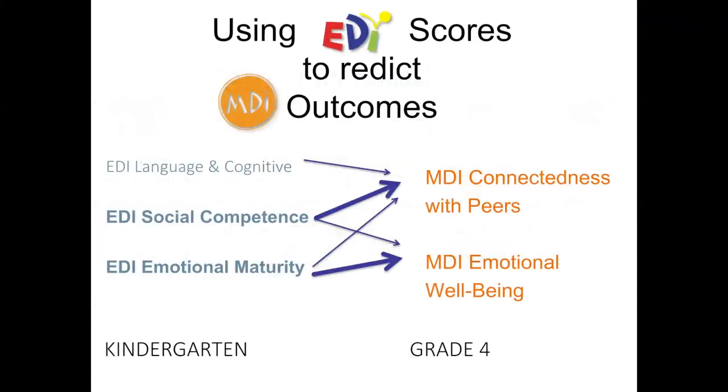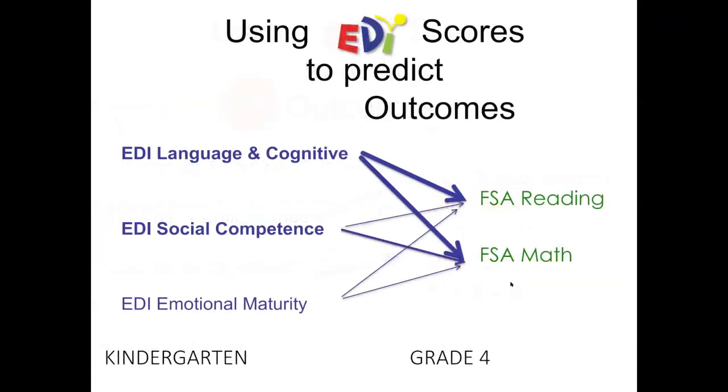And what we find, and this is primarily a validation study, is that the EDI social competence and EDI emotional maturity scales were the two scales that most strongly predicted the student's self-rated connectedness with peers and their emotional well-being in grade 4. And at the same time, the language and cognitive development, so early literacy and numeracy at kindergarten age, predicted most strongly the reading and math scores in grade 4.